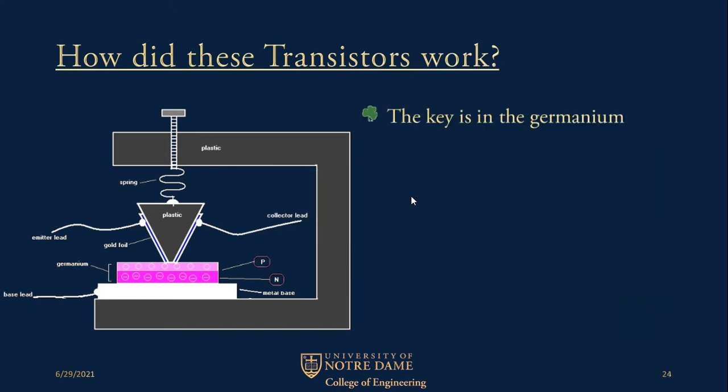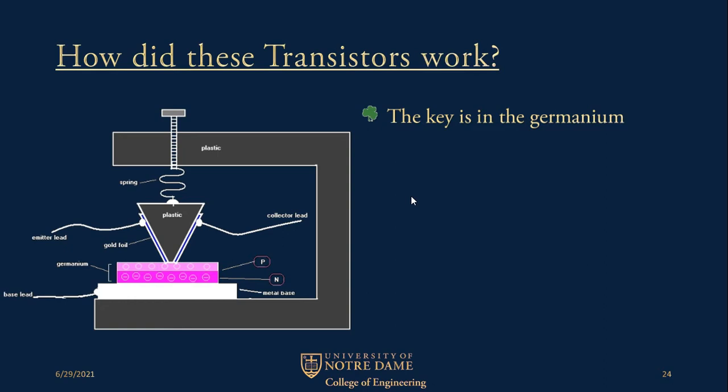The key is in the germanium. I mentioned before this idea of P-type and N-type. Germanium is a group 4 element, just like silicon. It has 4 valence electrons. So when you combine them with dopants from group 3 and group 5, what ends up happening is that you can get electrons and holes to freely move through the circuit.